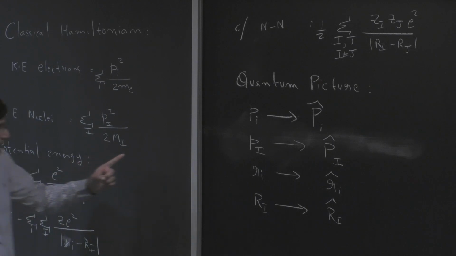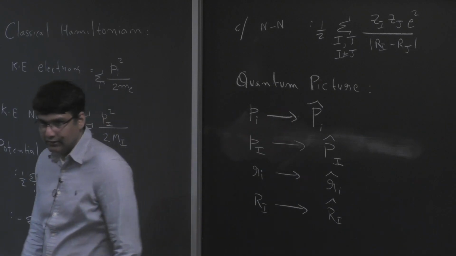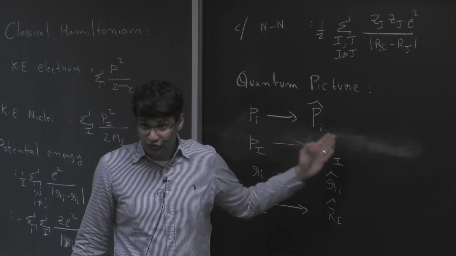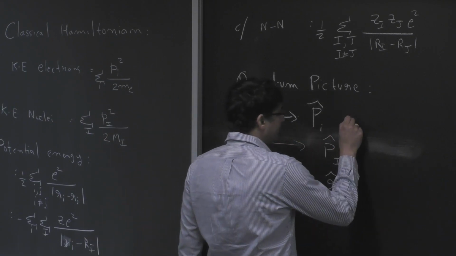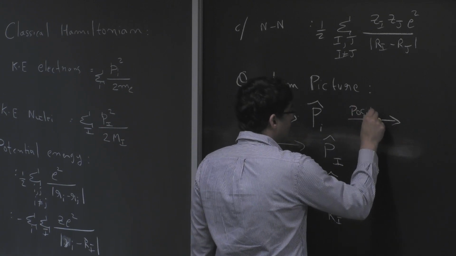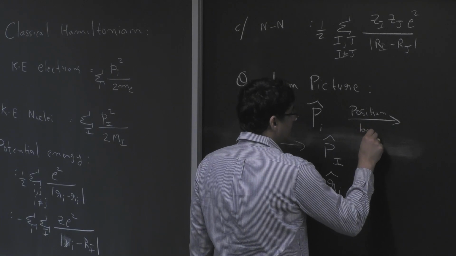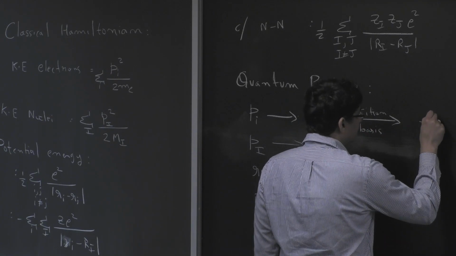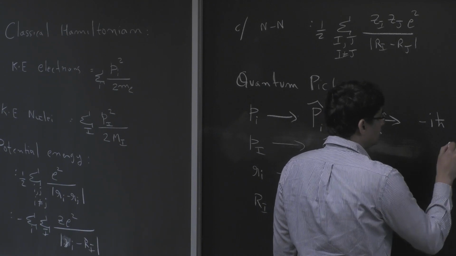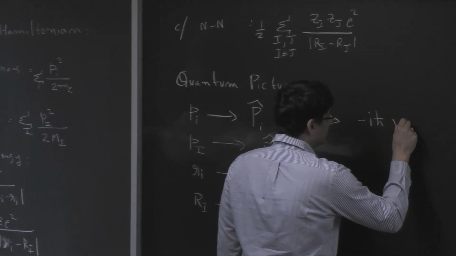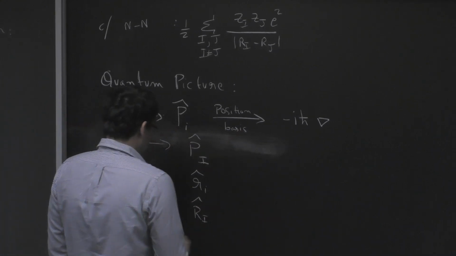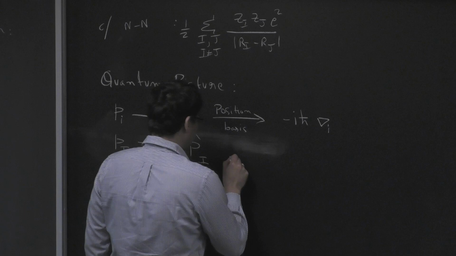Now we can express these operators in any basis that we would want to, and typically you express these things in a position basis. So when you express the momentum operator in the position basis, this becomes i h cross times a gradient operator, for the ith electron.